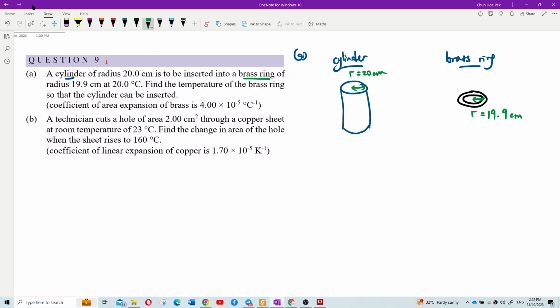Now he says he wants to insert the cylinder into the brass ring. That means I want to put the ring around the cylinder.